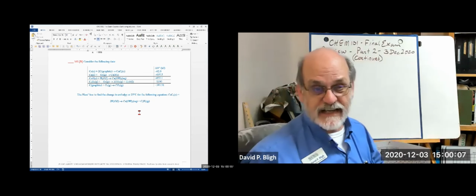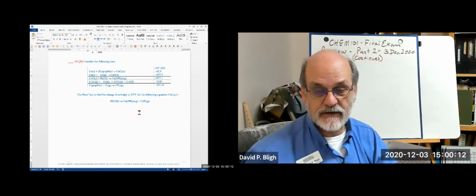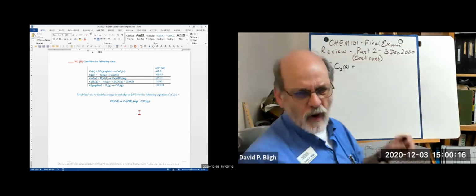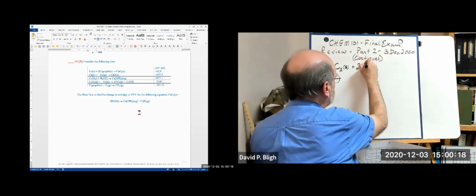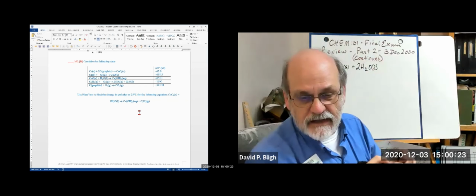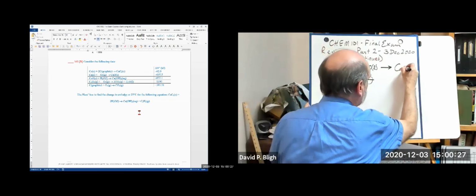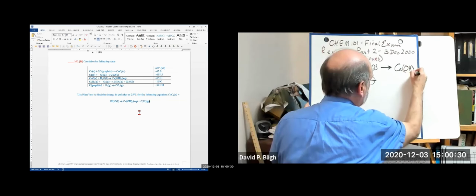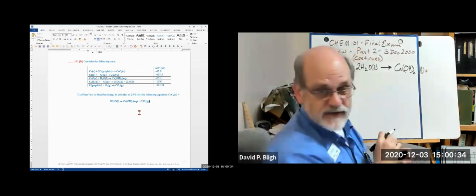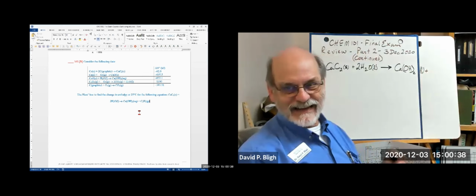And we need to write the state, because the state's important when you're doing a Hess's law manipulation. Calcium carbide, plus 2 waters, liquid, yield calcium hydroxide, plus C2H2. That's acetylene gas.